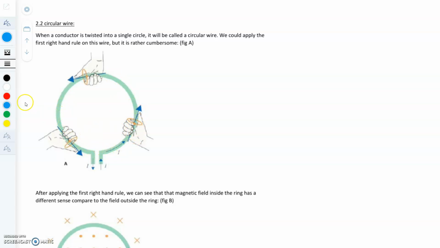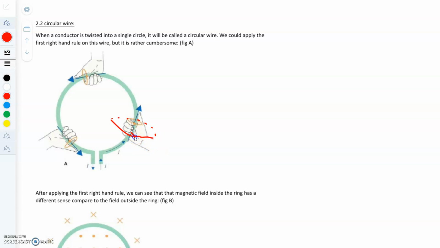You can use your first right-hand rule on random intervals on this circular wire. If you do so, you follow the current I with your thumb, and then you look at the four fingers to indicate how the field lines would be turning in this case. So imagine that we get our concentric circles again.